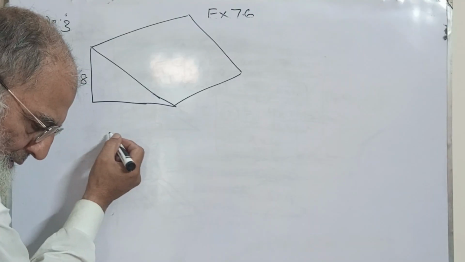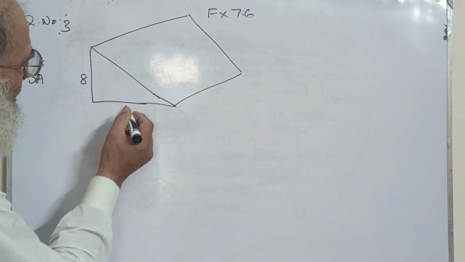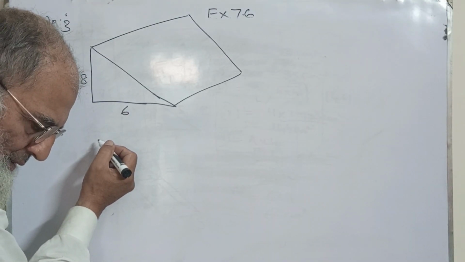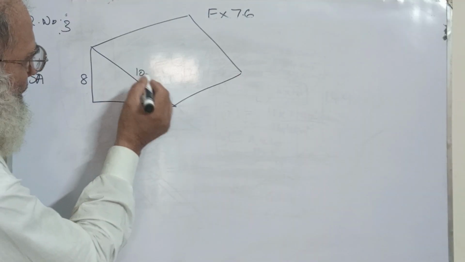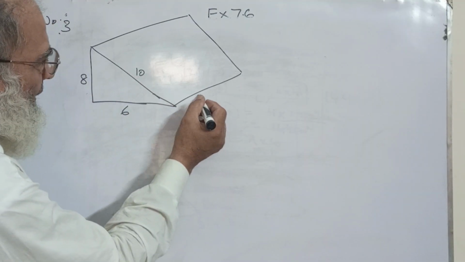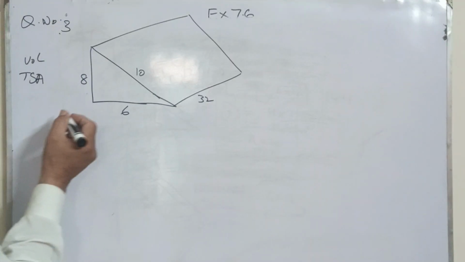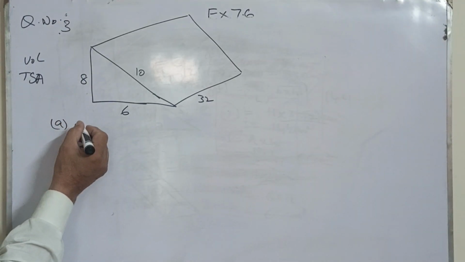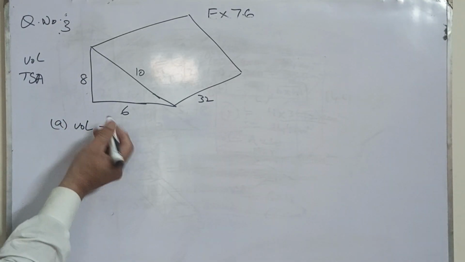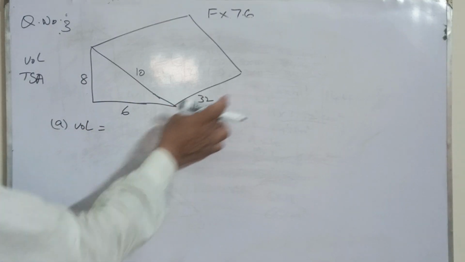This is 8, this is 6, this is 10. All the dimensions are in centimeters. So first, A, volume. It is very easy because this is a triangle and this is height.